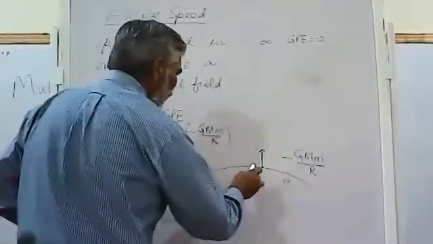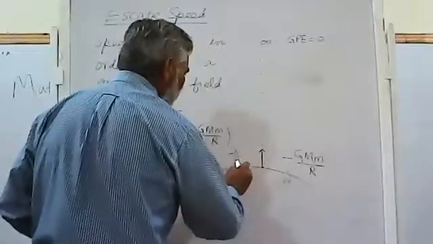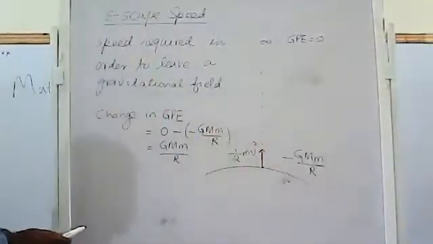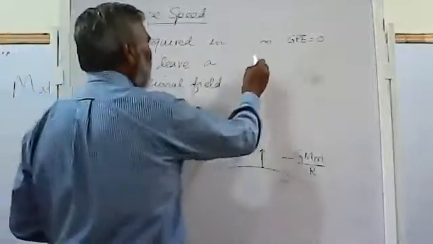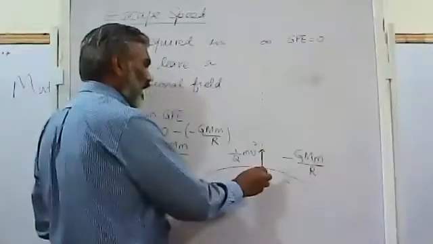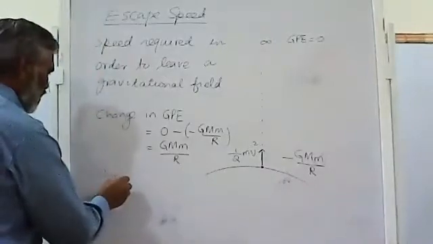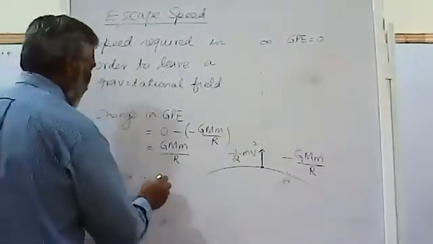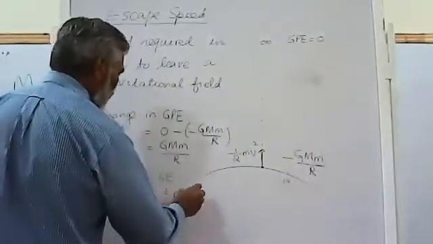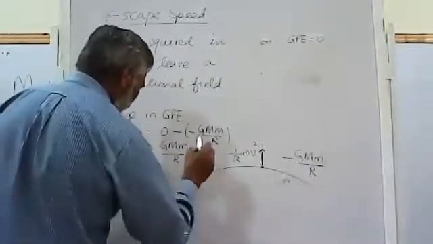If I throw an object with a certain kinetic energy here, which is 1/2 mv square, that is the initial kinetic energy here. If this is enough kinetic energy to help this object reach infinity, that means the total change in kinetic energy is equal to half mv square minus 0, which is half mv square.